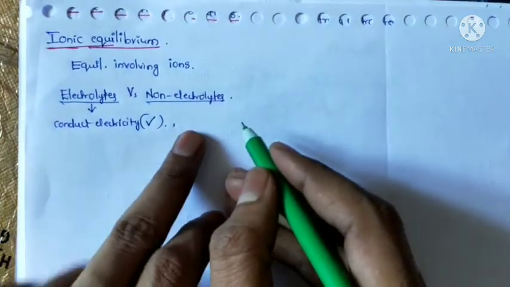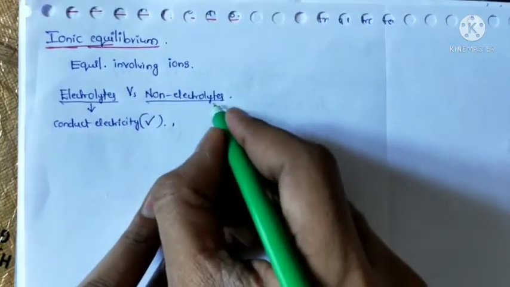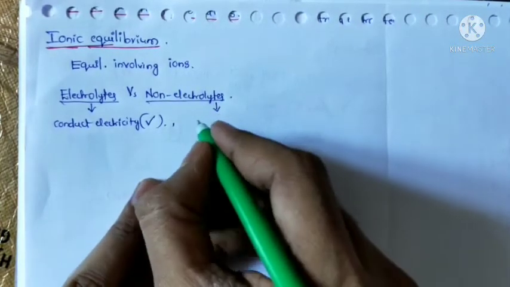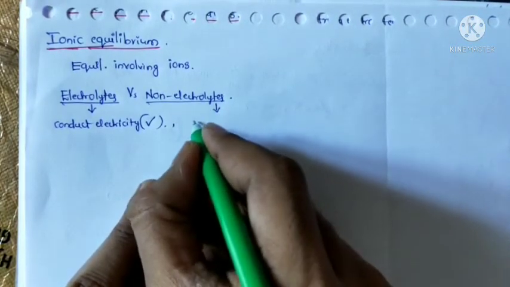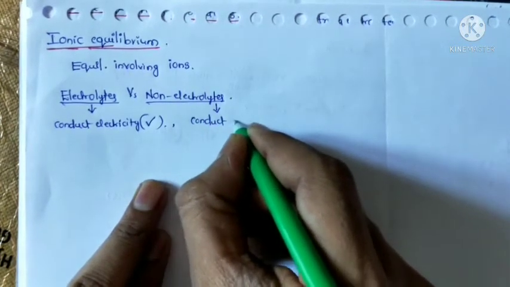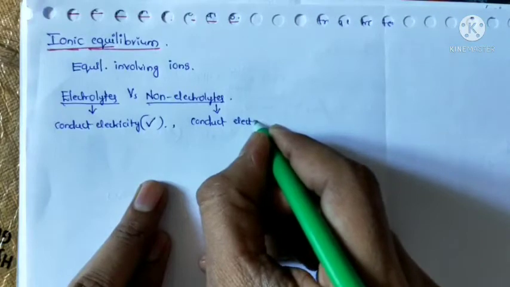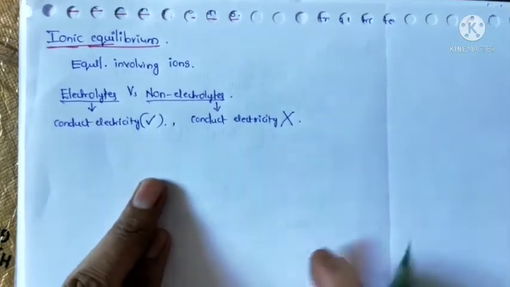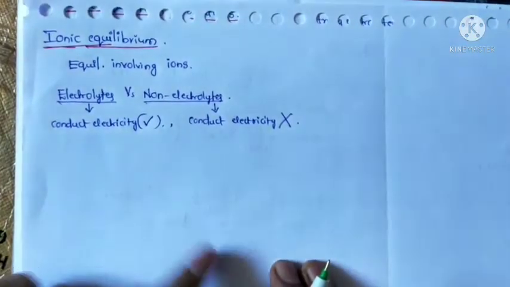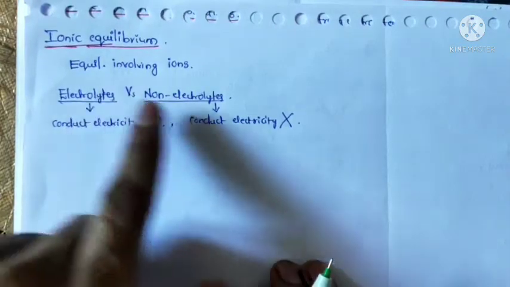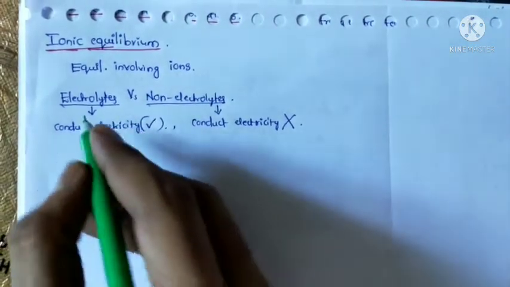The substances which do not conduct electricity are called non-electrolytes. That is the difference between electrolytes and non-electrolytes.